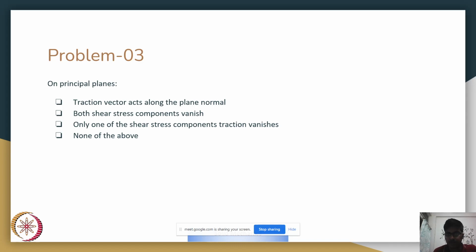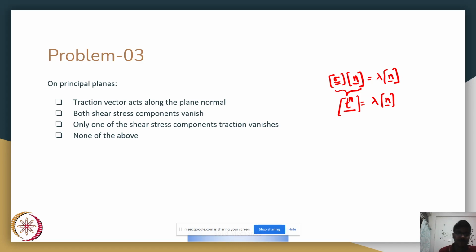So, as we just saw, your equation for the principal plane's normal essentially reduces to an eigenvalue equation. But if you look at this, this is nothing but the traction T which acts on the plane n. So Tn is nothing but lambda times n. So your traction vector will always be directed along the plane normal n for a principal plane.